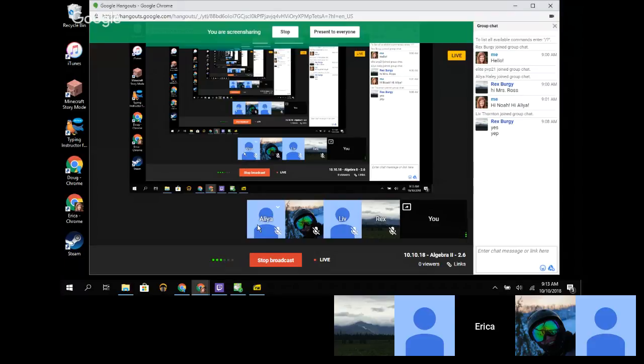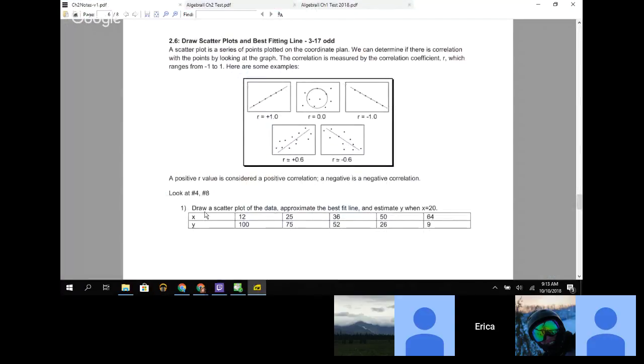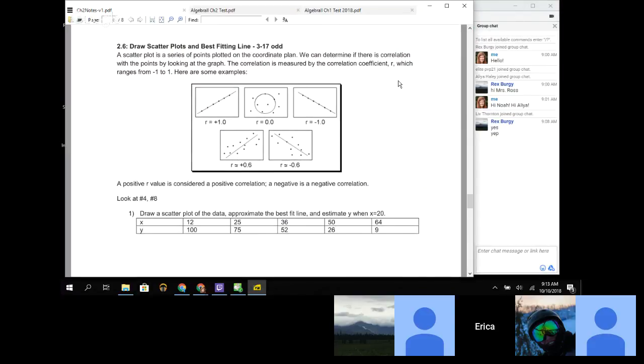Okay, so this is actually a cool little section. It's something usually that's pretty new to students, so if you haven't seen it before, that's okay. So 2.6 is actually talking about modeling data.